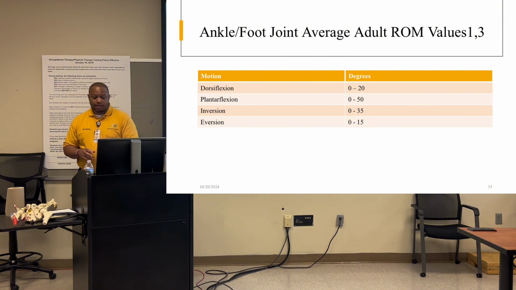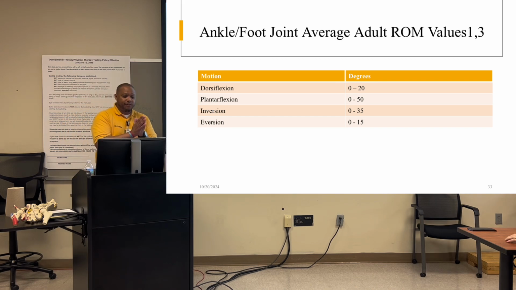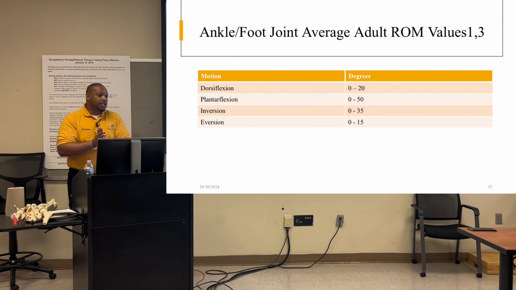Typically at the subtalar joint, you don't get that much. So go check Norkin and White. I think it's going to have inversion and eversion at the talocrural joint, and then they're going to come back and have inversion and eversion at the subtalar joint. You'll notice it's going to be much less at the subtalar joint. So this is referring to the talocrural joint.